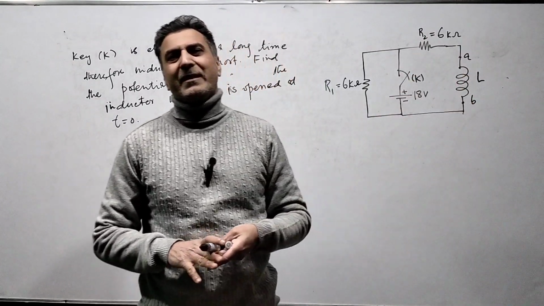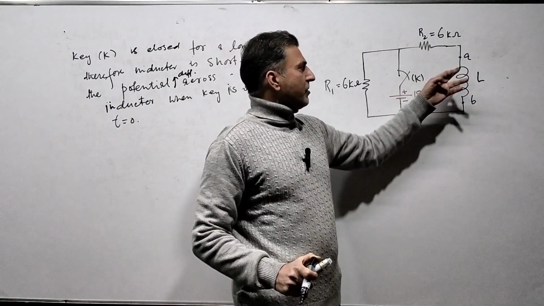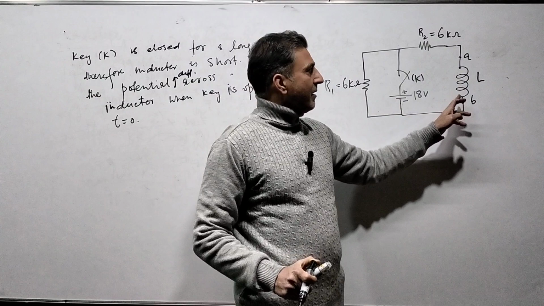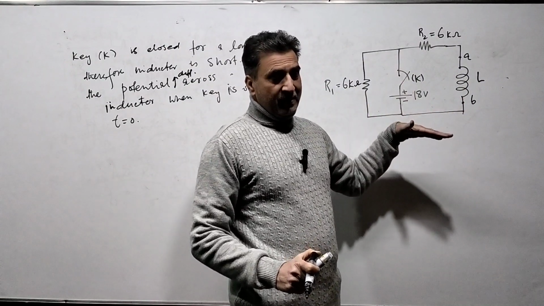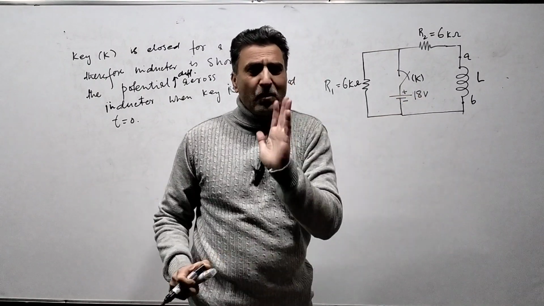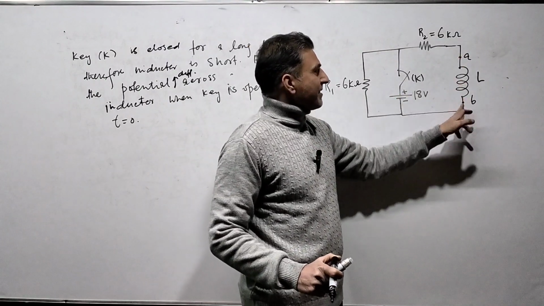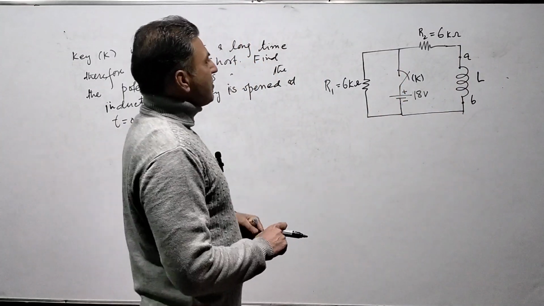That is my question. Potential difference across the inductor when the key is already closed is 0 because it is a short. And the moment this key is opened at t equal to 0, what is the potential difference across the inductor? That is my question.